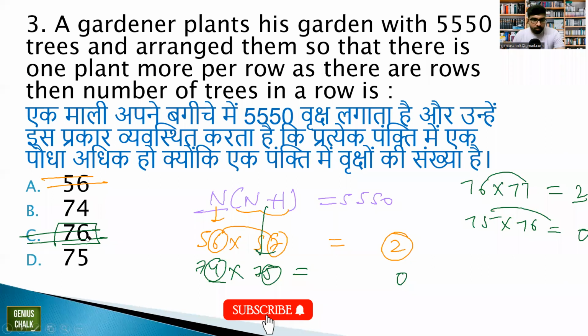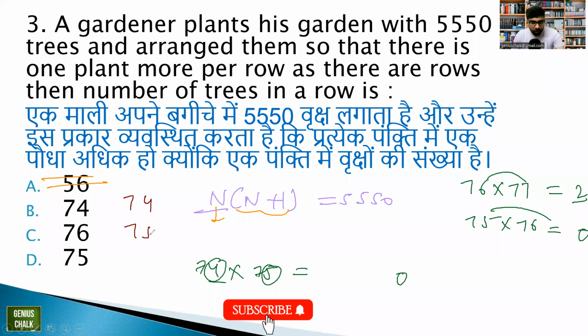Now let's check which option is satisfied, and that would be the answer for our question. So here, if you take 74 into 75, let's solve. 75 fours are, I guess, 300. And 75 sevens are 70 into 7, which is 490, and 35, so this becomes 525, and 30 was carried, so this becomes 555.